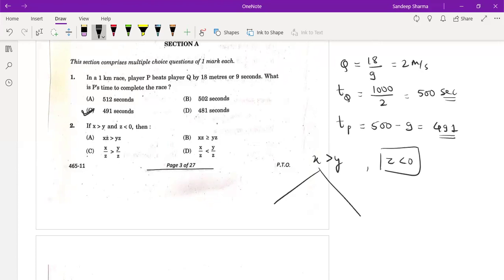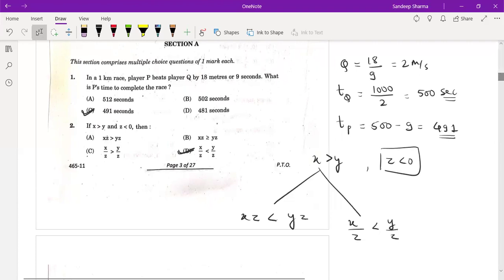So if you multiply by z, it will be xz, and is it negative? It is negative, so the sign will change. So xz is less than yz, or if you divide, same thing will happen: x by z will be less than y by z. So I think option D will be correct here.